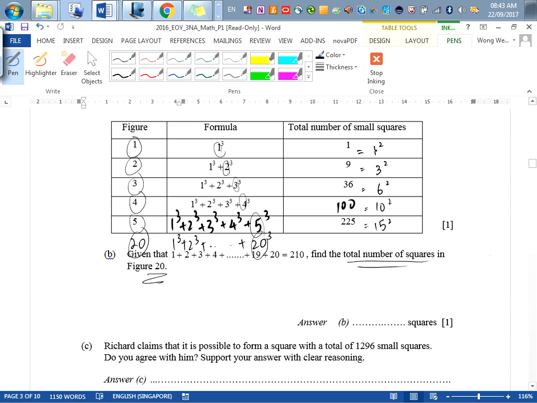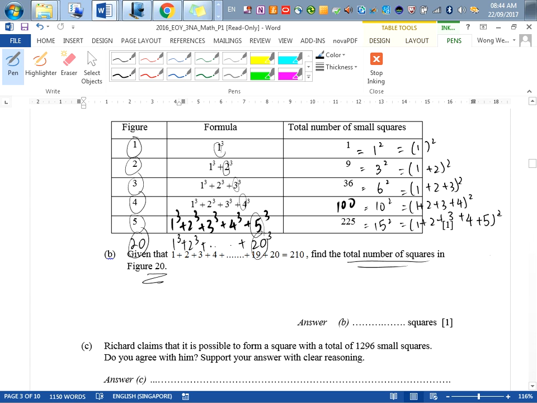What is the relationship between this 1, 3, 6, 10, 15? This is actually equals to 1 square. Yang Kun got it already. This 1 plus 2 square. This is actually 1 plus 2 plus 3 square. 1 plus 2 plus 3 plus 4 square. 1 plus 2 plus 3 plus 4 plus 5 square.